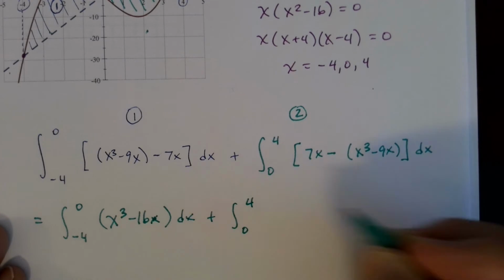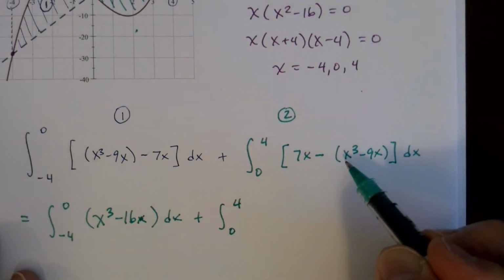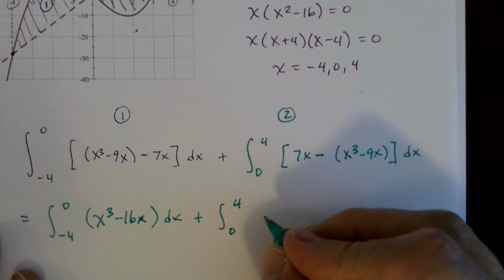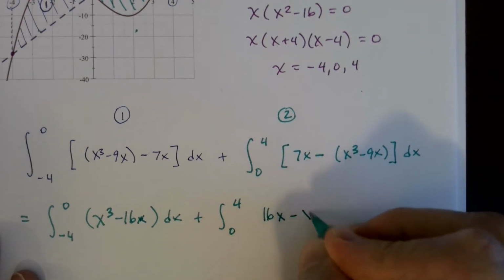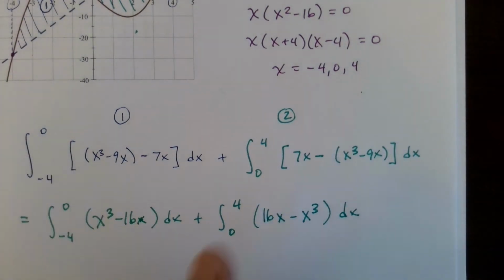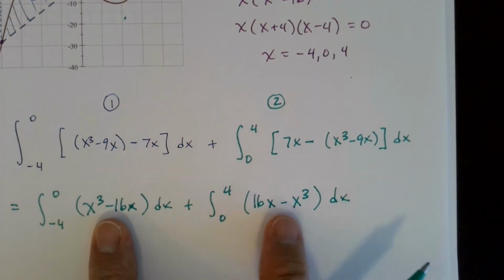And then from 0 to 4, 7x minus x cubed plus 9x. So 7x plus 9x is 16x minus x cubed. And you can see the difference between the two, right? When we just change the order, we subtract, we get opposites, right? This expression is the opposite of this expression.